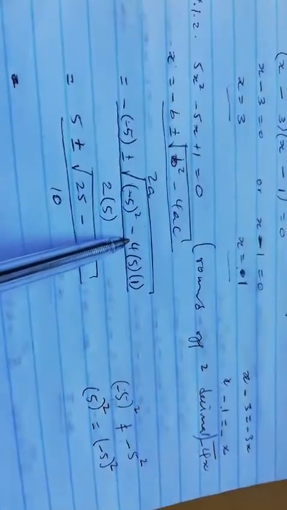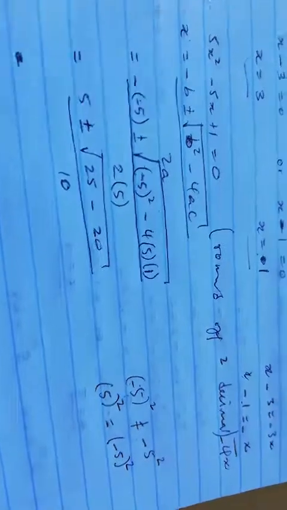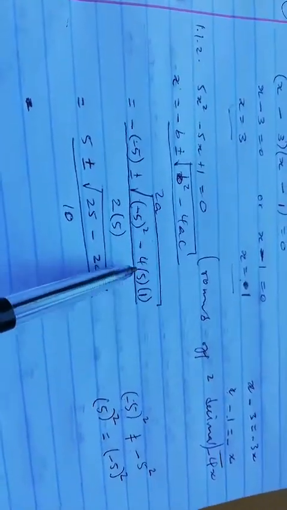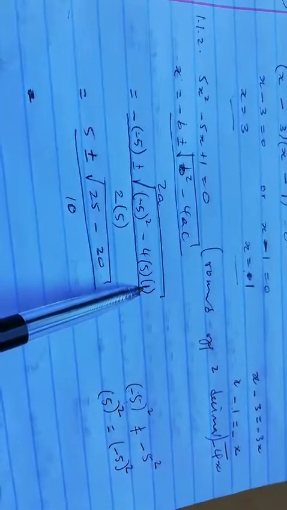And then it's minus 4 multiplied by 5 multiplied by 1. You get this from your equation. Yes, that's your A and C, and our A is 5, our C is 1.